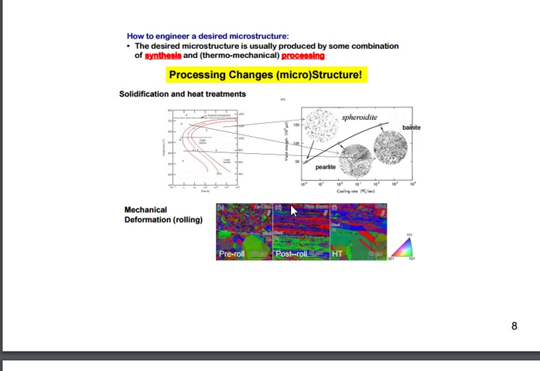So we go through the combination of synthesis and processing part. For different materials which actually undergo a phase transformation, processing changes the microstructure of the material.